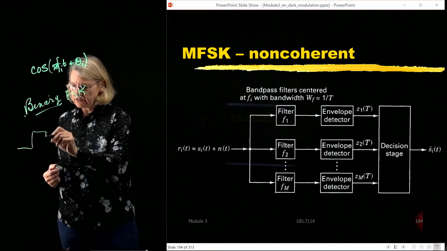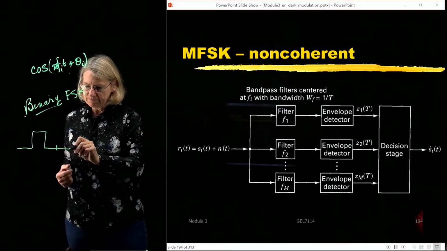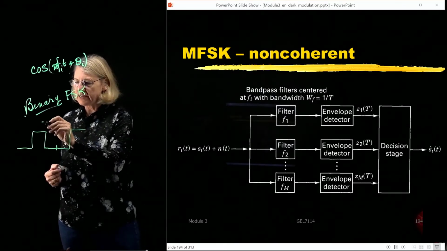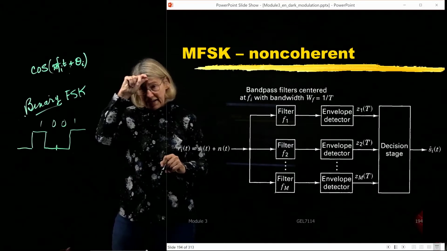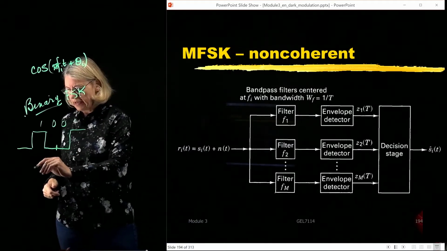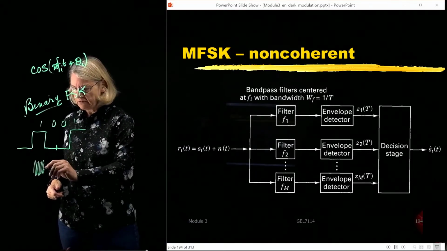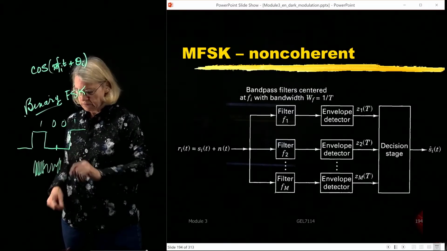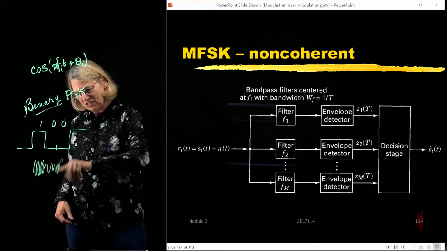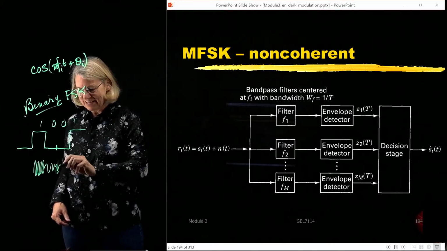So now here is my data that I'm sending. I've got a logic 1001, for instance. So when I transmit it, I'm going to put in, maybe the higher frequency for the 1 and the lower frequency for the 0, not the 2, lower frequency.